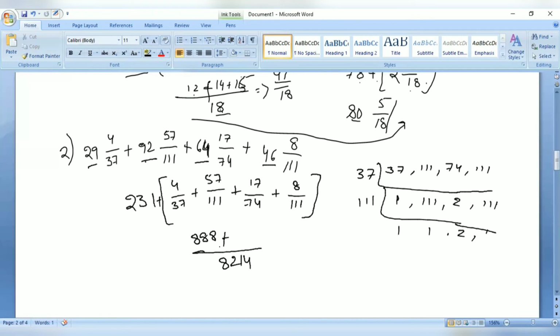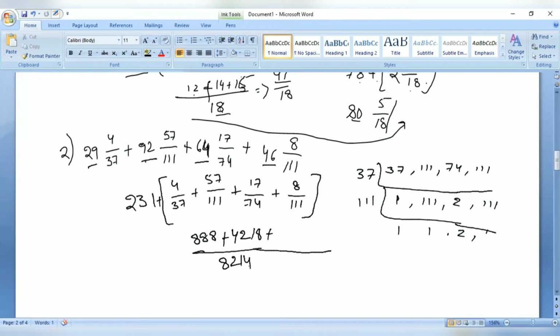So 74 into 57 will give you 4218 plus then 8214 divided by 74 will give you 111.